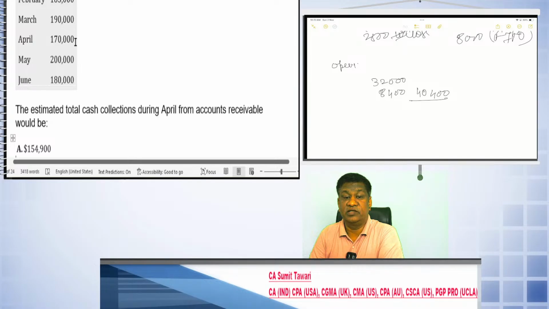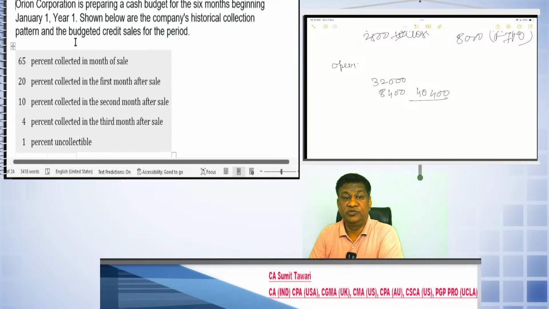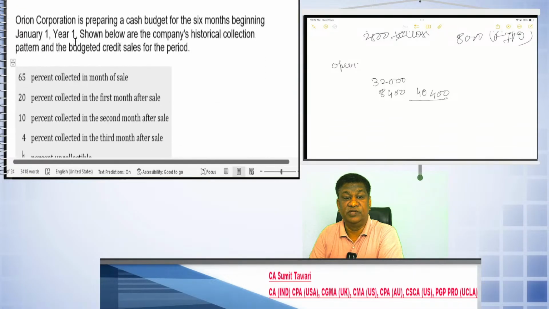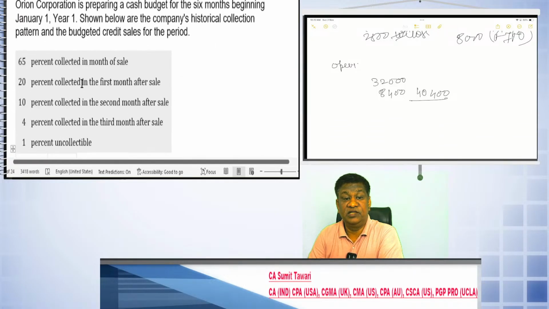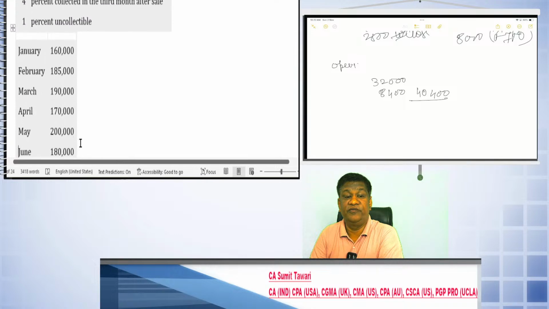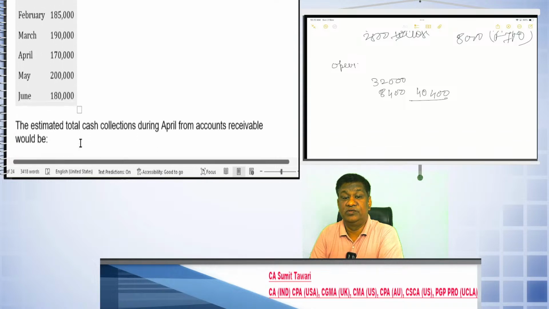Estimated total cash collection during April from the accounts receivable. Here, for 6 months, in the month of sale 20%, the month after the sale 10%, the second month, and 4% collected in the third month, and then 1% is uncollectible. We need to calculate the collection during April.